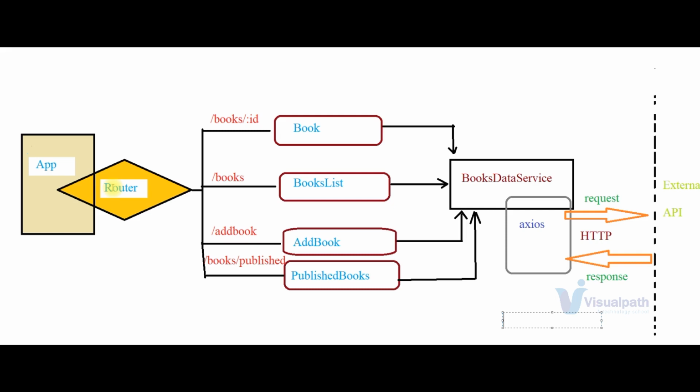Then inside these components we'll write certain code to map with this book service, and Axios also will be imported. Then we'll be creating the methods for request and response, like the URLs. To develop the proper URL, we'll be creating the HTTP methods over there. So that is what we are going to develop now.